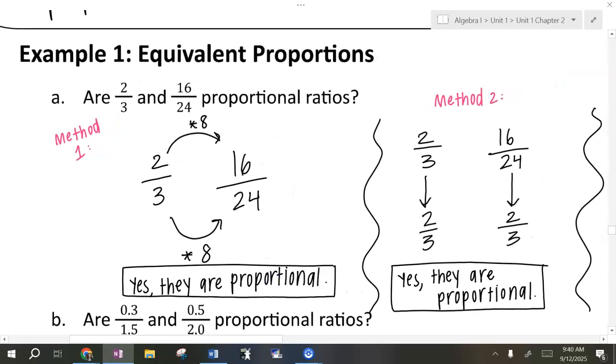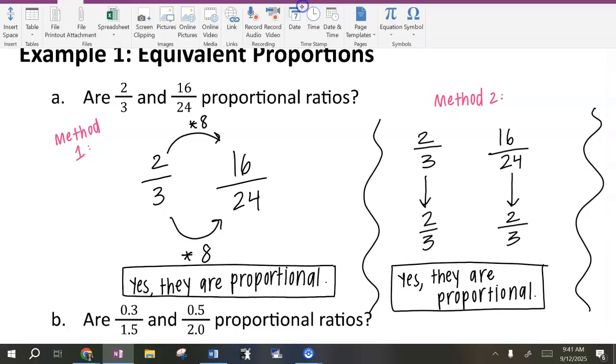Another method that you could use is to reduce both the fractions. For example, 2/3 actually doesn't reduce at all, it just stays 2/3. But 16/24 can reduce because the top and the bottom, the numerator and the denominator, both share a common factor of 8.